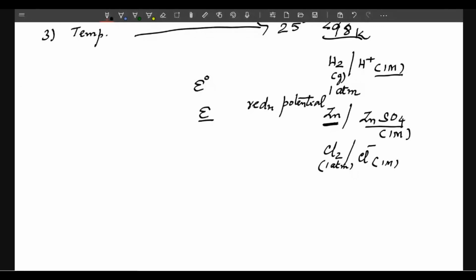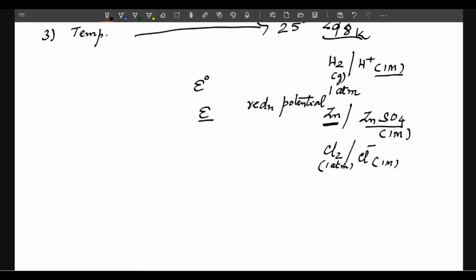And the convention we are going to use now is only the oxidation potential. Here, if you convert all the electrode potentials into oxidation potentials, there will be many advantages.